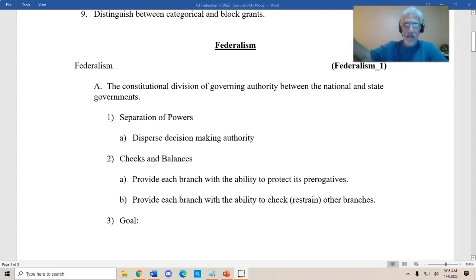Now, one final thing. And we'll be talking about this as the semester goes on. While the framers gave each of the branches, and in this case I'm specifically talking about the legislative branch, the ability to protect itself from encroachments on the part of the executive branch, which was what they were really worried about, what they didn't do is put into the Constitution anything to prevent the legislative branch from giving power to the executive branch.